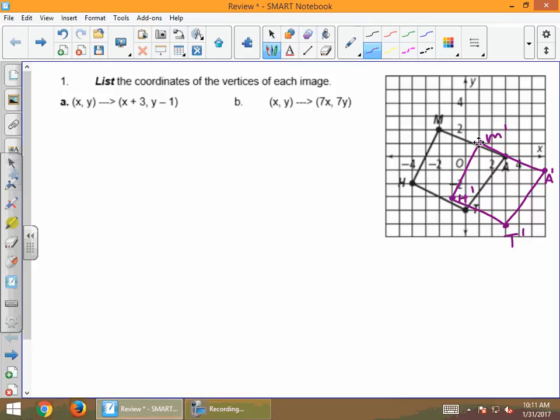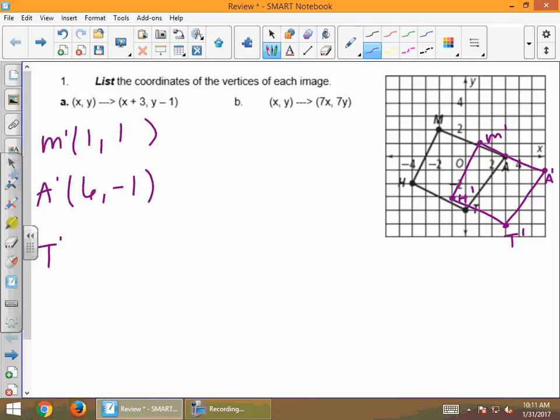So what did we get for M prime? 1, 1. What did we get for A prime? -1.